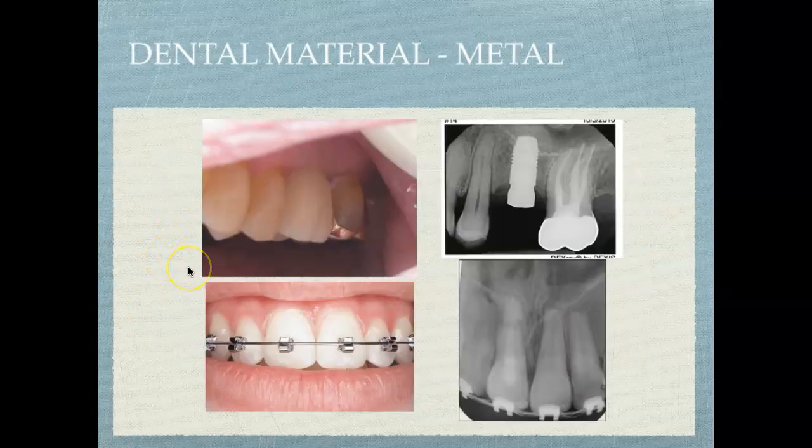Other dental materials, we have a three-quarter gold crown. So what you're seeing on the radiograph is all of the metal, all of the gold alloy. Now this other image here, part of the image is, of course, an implant.